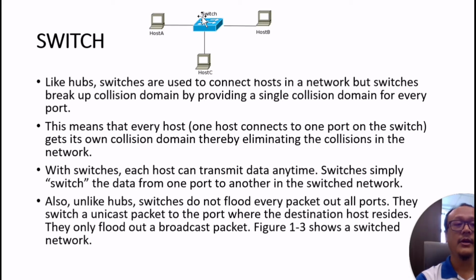The information will not collide and will not be destroyed. That's the advantage of the switch compared to the hub. And the switch is basically a simple device that switches the data from one port to another port in the network.